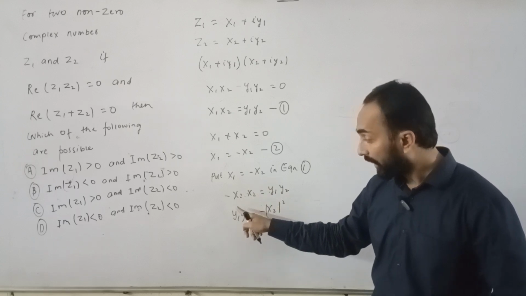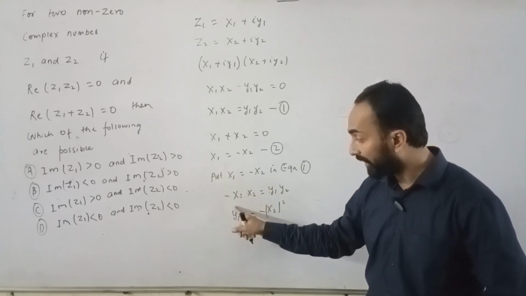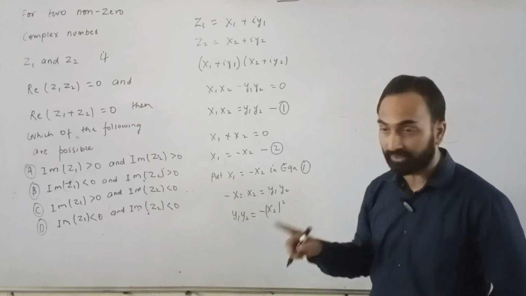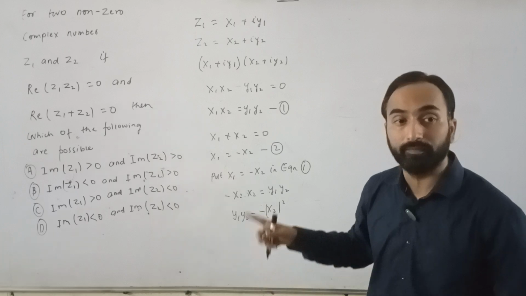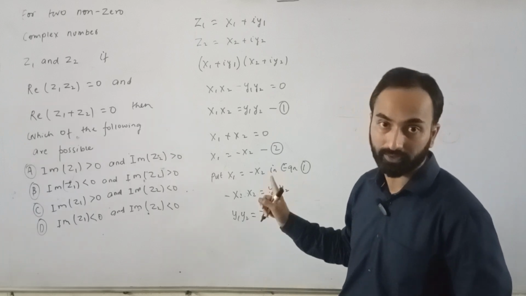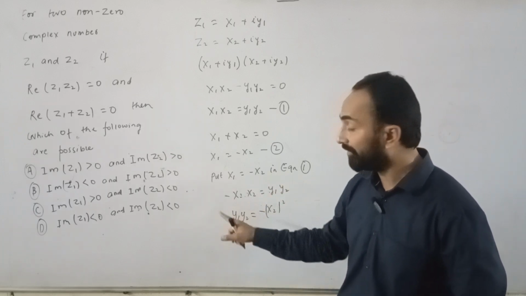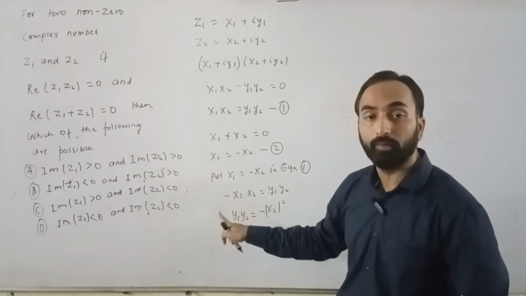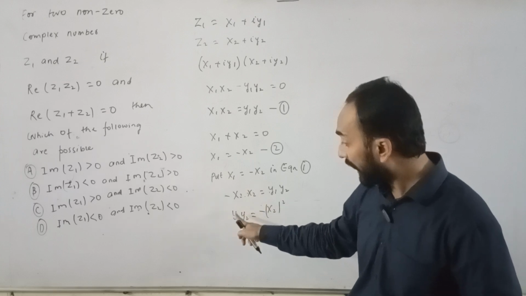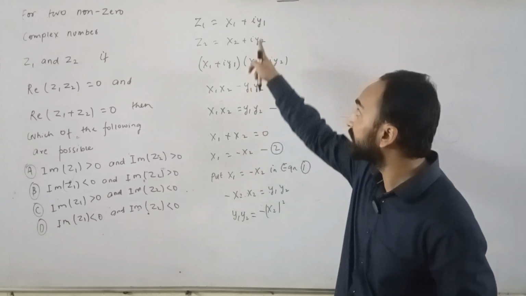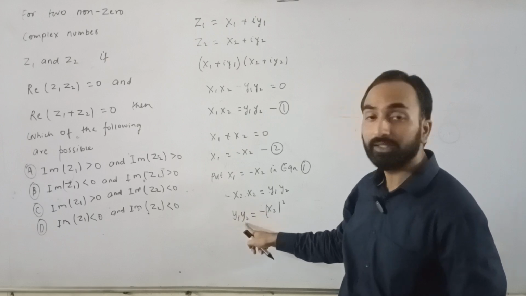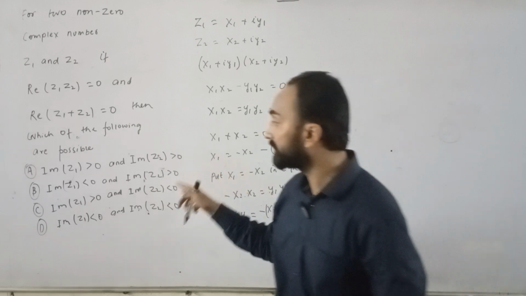And if y1 and y2 are both negative, negative into negative will also give positive. But the right hand side is always negative. So the only case where the left hand side becomes negative is when either one is negative. So either the imaginary part of Z1 is less than 0, or the imaginary part of Z2 is less than 0. So we will see the options.